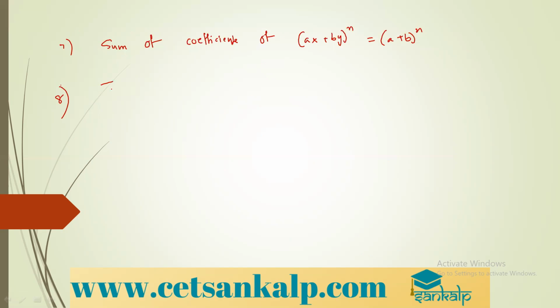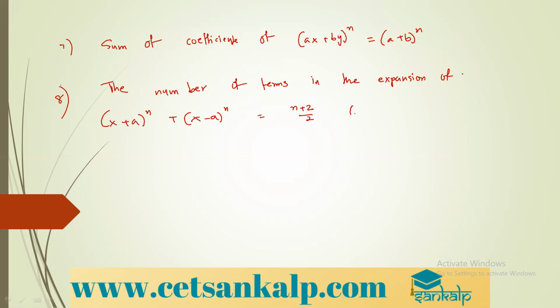Okay, the eighth one, if you have to find the number of terms in the expansion of (x + a)^n + (x - a)^n, that will be (n + 2)/2 if n is even. Otherwise, it will be (n + 1)/2 if n is odd.